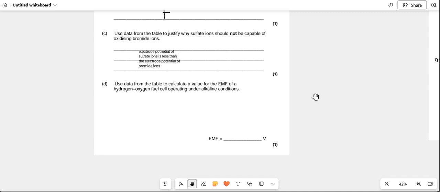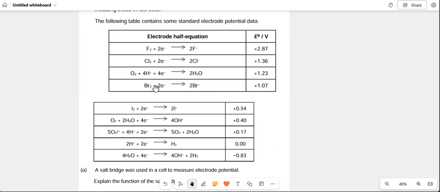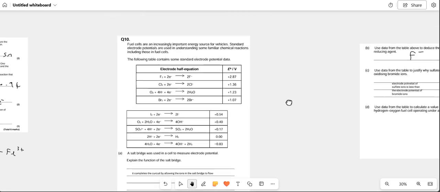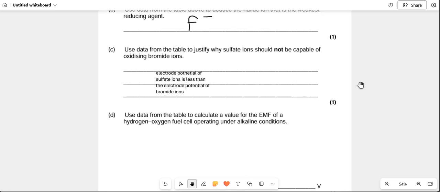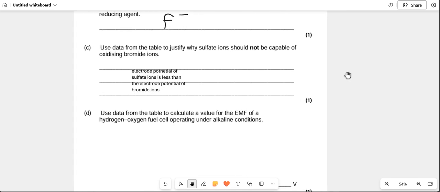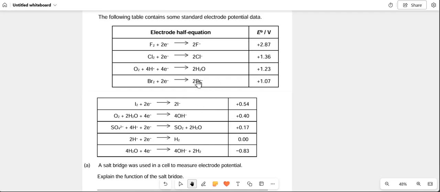By the way, what I mean by this is it should not be capable of oxidizing, because it itself is going to be reduced. Br2 has a higher reducing power because 1.07 is bigger than 0.17. So why would it be oxidized by sulfate? The other one is going to get reduced itself.